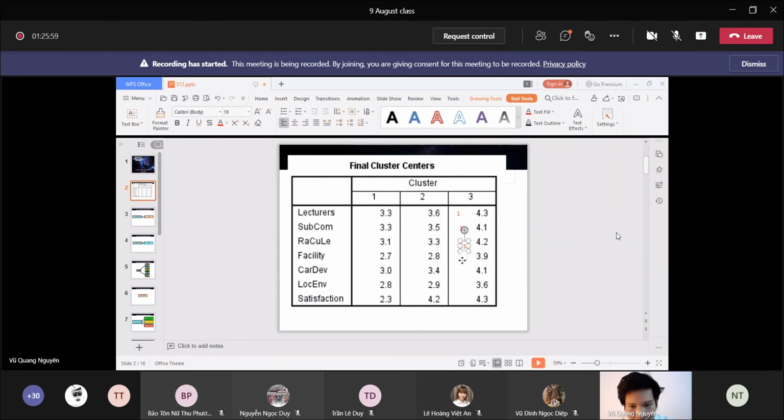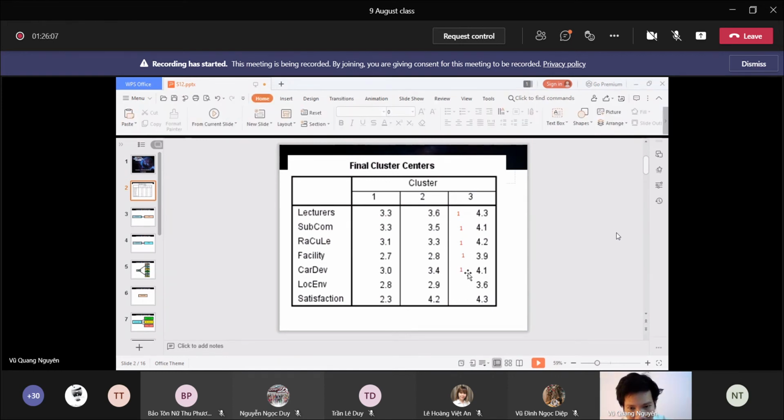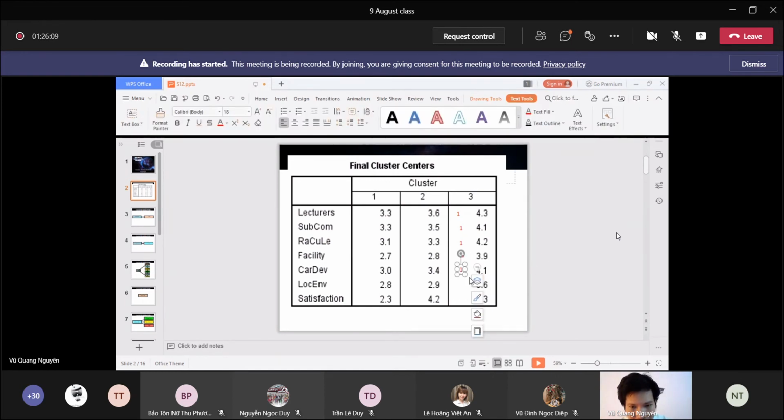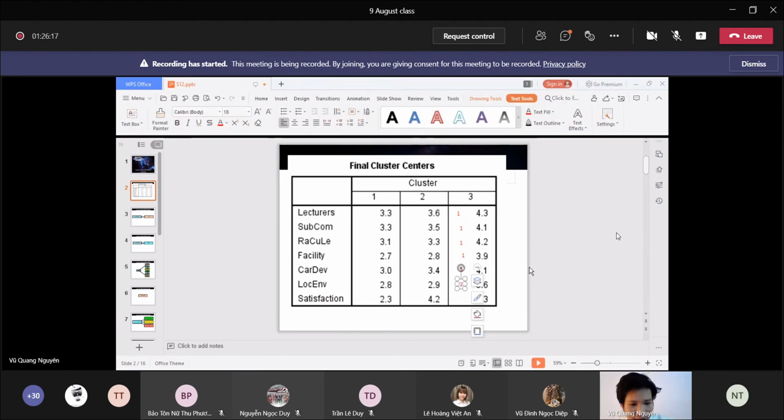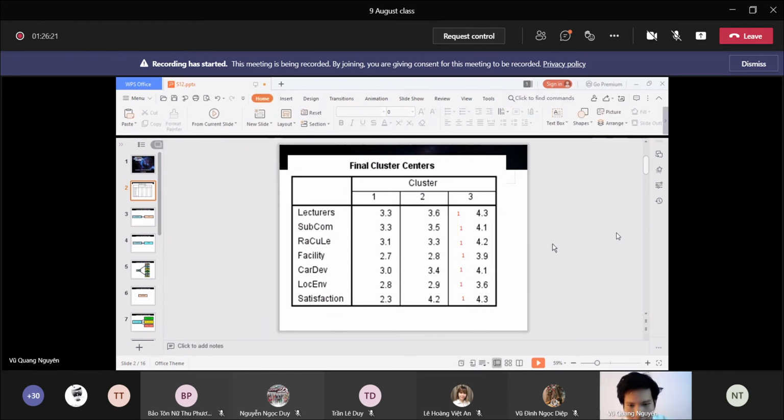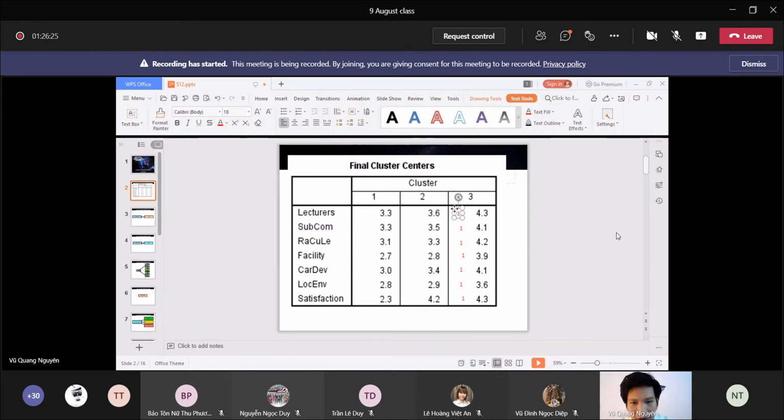Facility, that's right, cluster 3, highest. Career development, the same thing happened. Yeah, the same for location environment and the same for satisfaction also. So rank number 1 in all aspects.